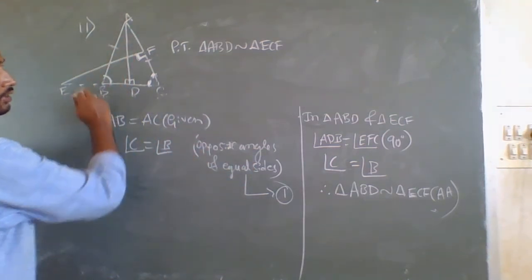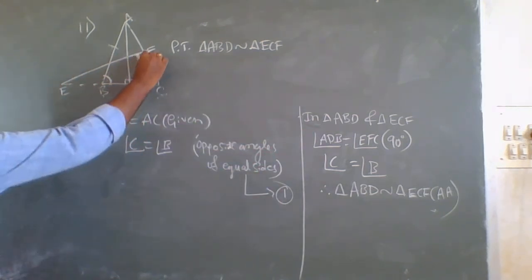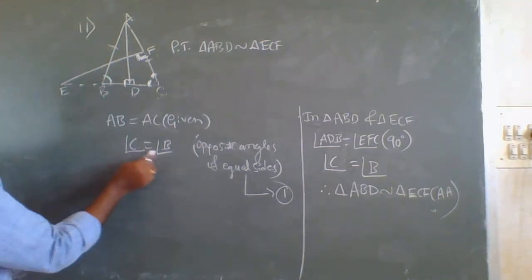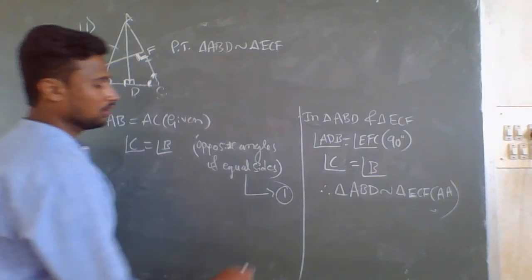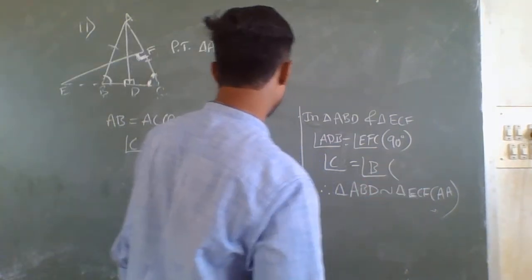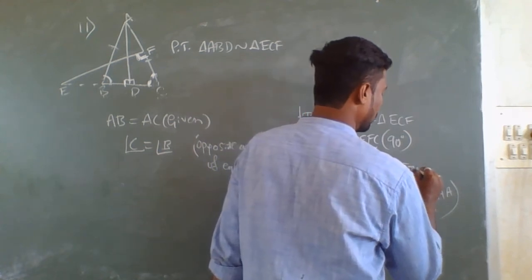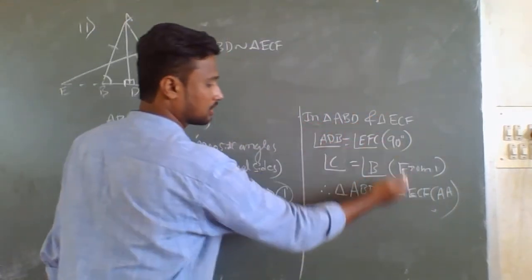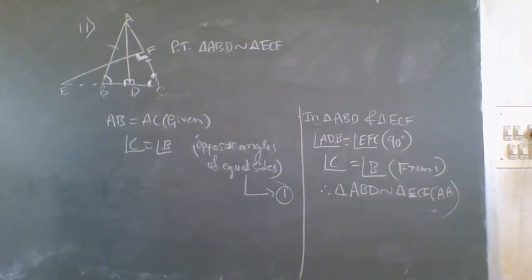In these two triangles, these two angles are 90 degrees, therefore equal, and angle C is equal to angle B, from 1. Now we can write these two triangles are similar by AA.